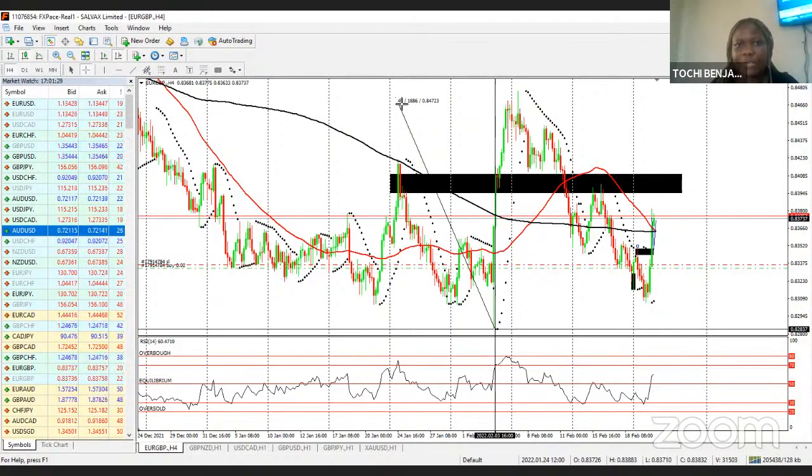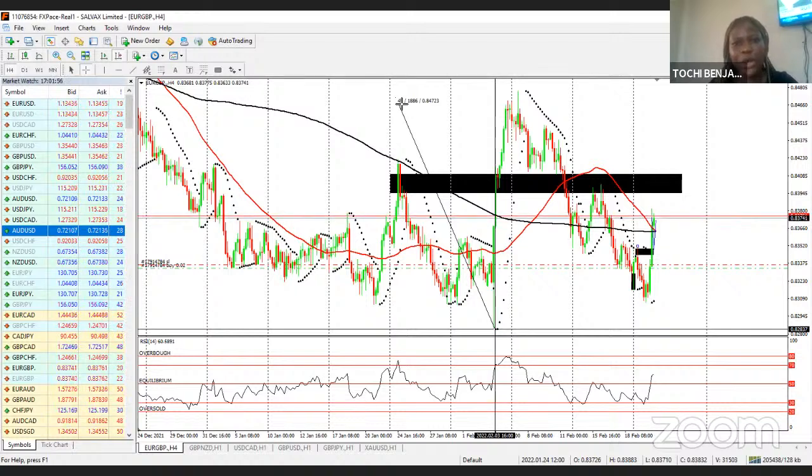So if the 3 is the pipette, for a psychological number, I can say 0.8470, because the next one there is 2, after 2 you have 1, after 1 is 70. So for me to round it up as a psychological number around that region, I can say 0.8470, knowing that the 3 is the pipette, and the difference between 2 and 0 is just a 2 point move.